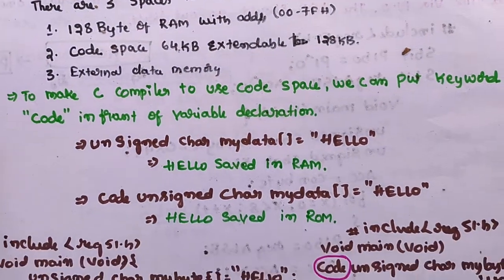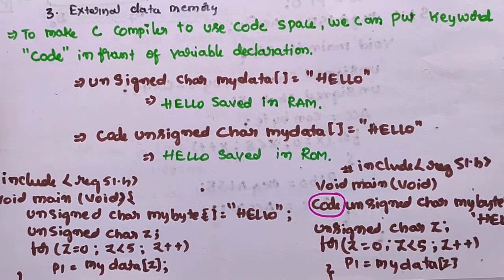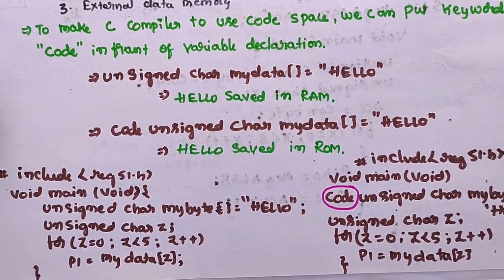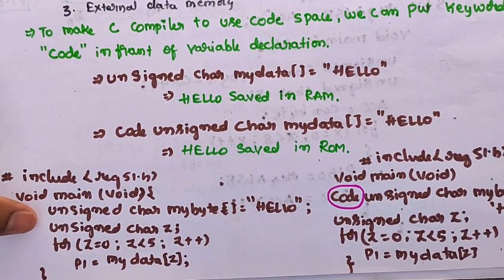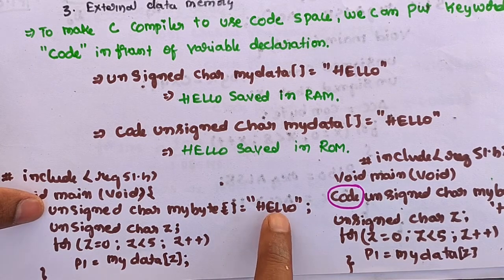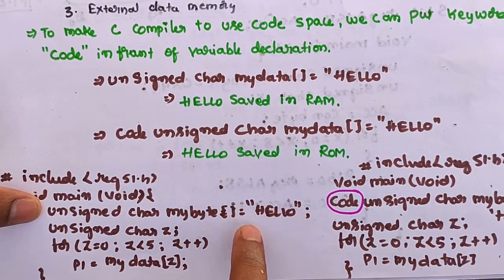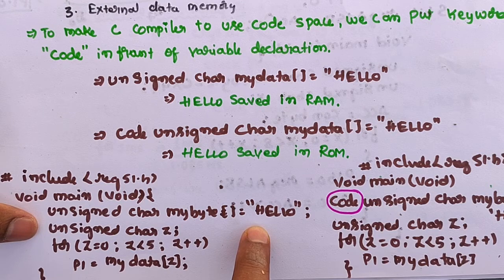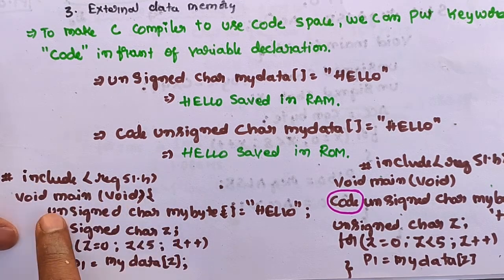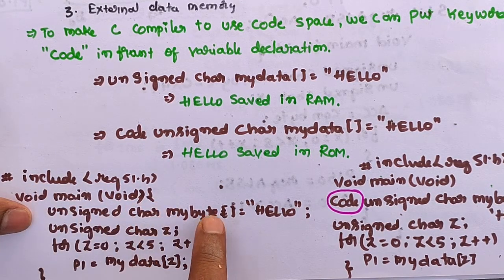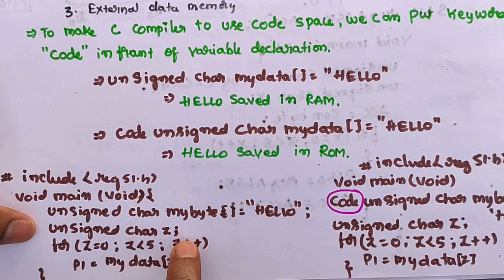This can be done with a small simple program to write the hello data into 8051 RAM memory. Include the 8051 header, void main, unsigned char mybyte and unsigned char z, and a for loop.